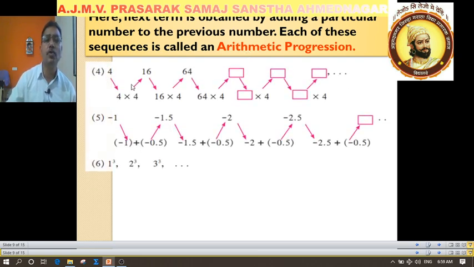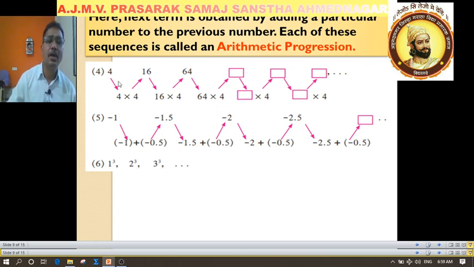Consider the fourth sequence, 4, 16, 64. See here, 16 is obtained by multiplying the first term by 4. So 4 into 4, 16. The third term is obtained by multiplying the second term by 4. So 16 into 4 is equal to 64. 64 into 4 is equal to 256, and so on.